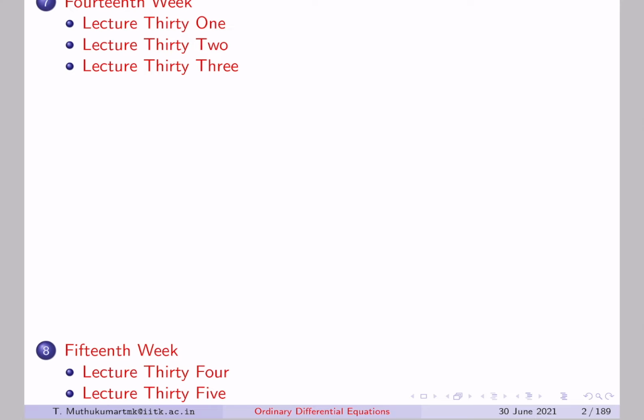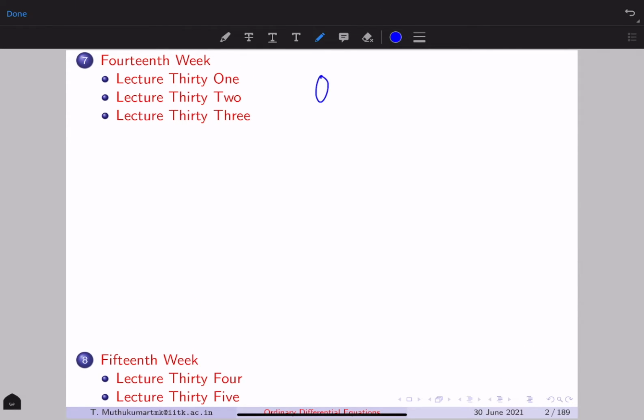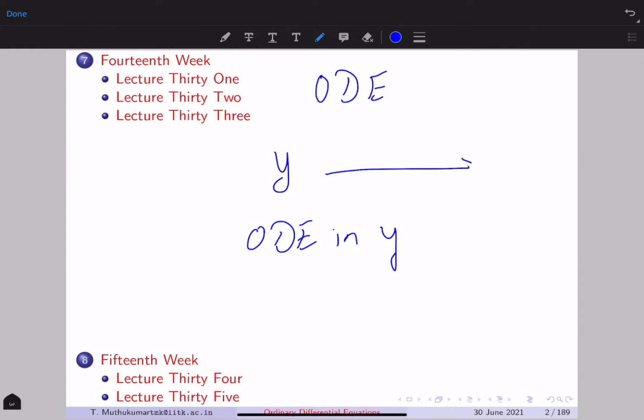Usually when you have a differential equation, let's say suppose you have an ODE, you have some function y and a differential equation corresponding to y. There is a notion of Laplace transform which, for a function y, gives you, let's call it capital Y, a function of the Laplace variable.